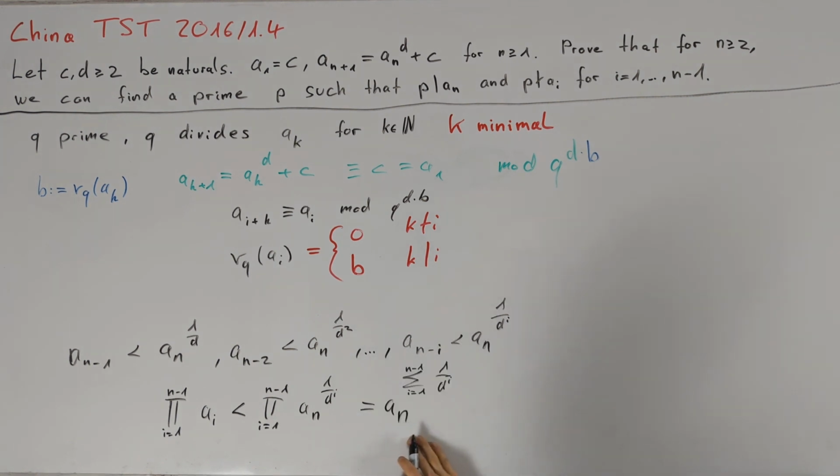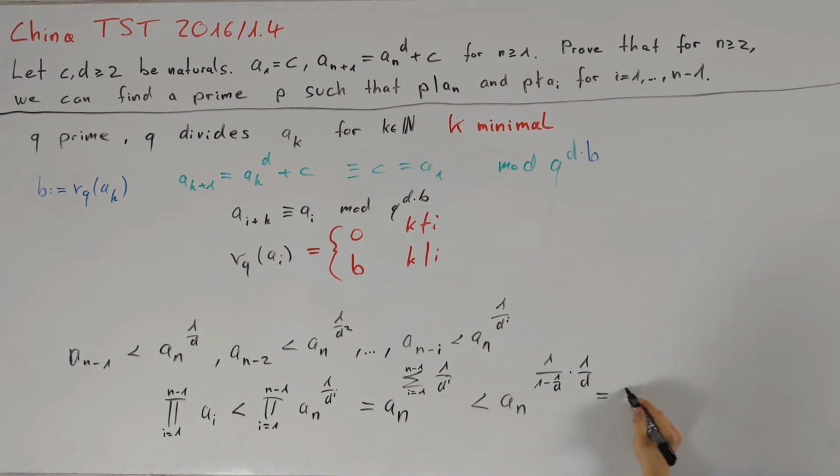We can bound this from above by letting the sum go from i equal 1 up to infinity to get that this is less than a_n to the power of 1 divided by 1 minus 1 divided by d, and since we start at i equal 1, we have to multiply by 1 divided by d. This is equal to a_n to the power of 1 divided by d minus 1, and now remember that d was greater than or equal to 2, and thus this is less than or equal to a_n.